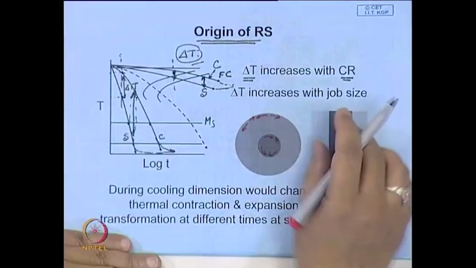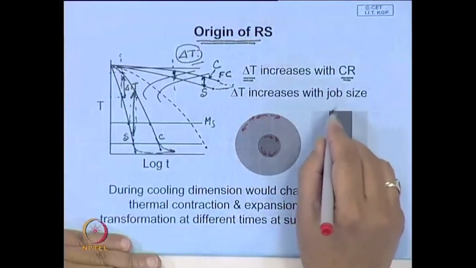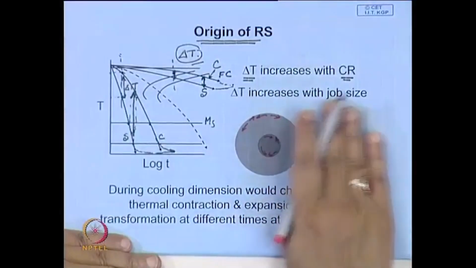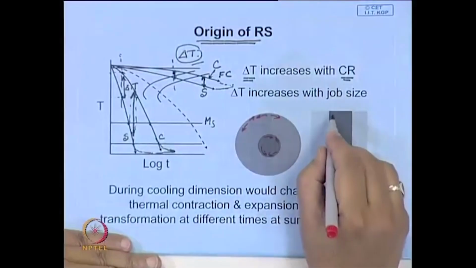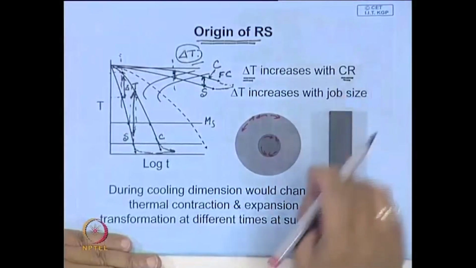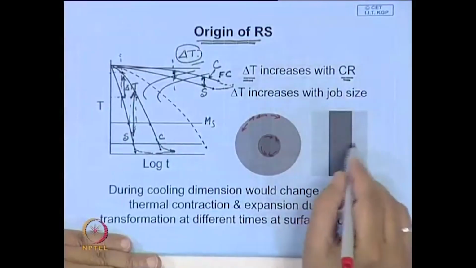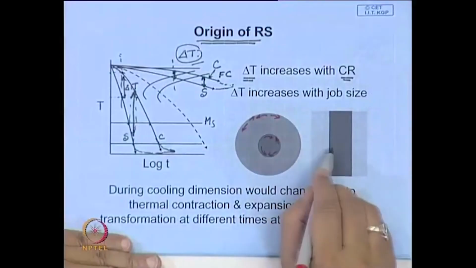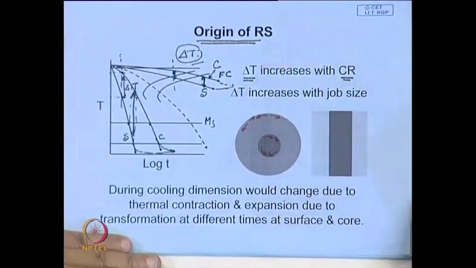In the process, if you are able to capture a picture of the transformation taking place, you will find the dimensions in this direction also change, and it can deform or contract depending on the nature of the stresses it is subjected to.